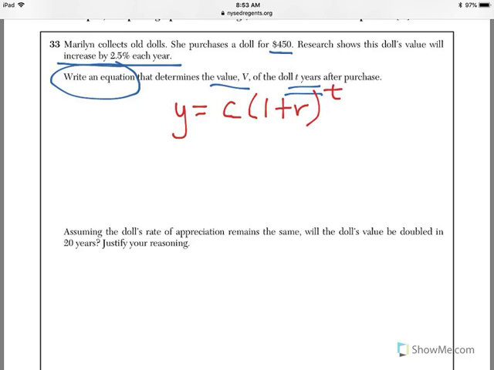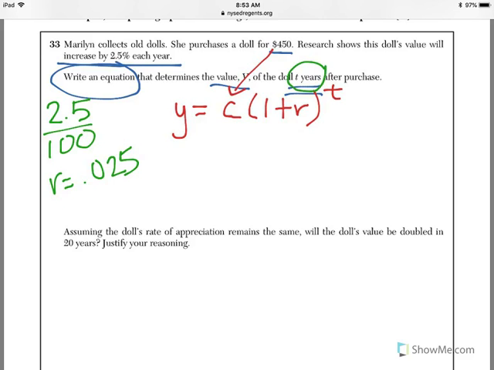this exponential growth formula, where y is what you're looking for, c is the initial value, so in this case, c is $450. R is the rate as a decimal. Now they told us the rate was 2.5%, so 2.5% as a decimal, if we divide that by 100, then our R value would be 0.025. T is time.